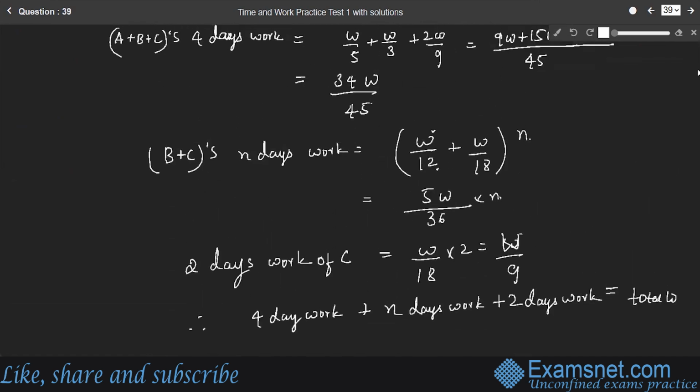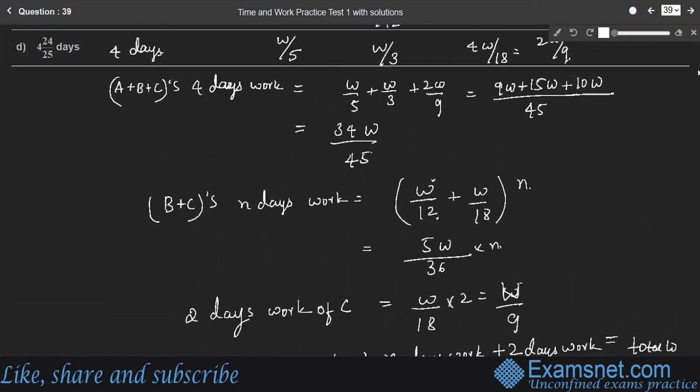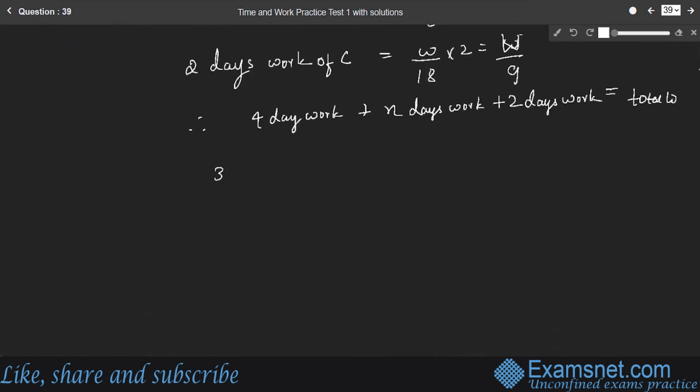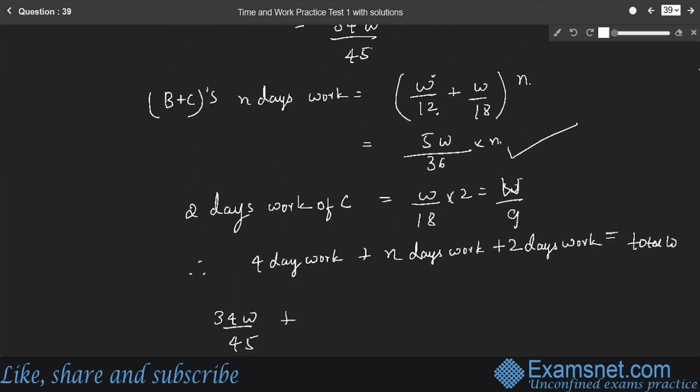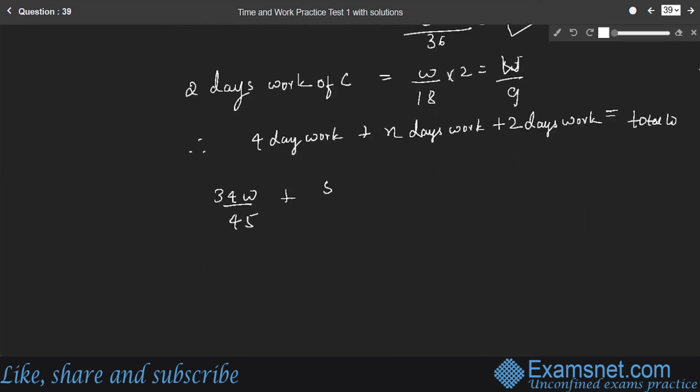So substitute the values. 4 days work is 34W by 45, n days work is 5Wn by 36, plus the last 2 days work, W by 9, is equal to total work.